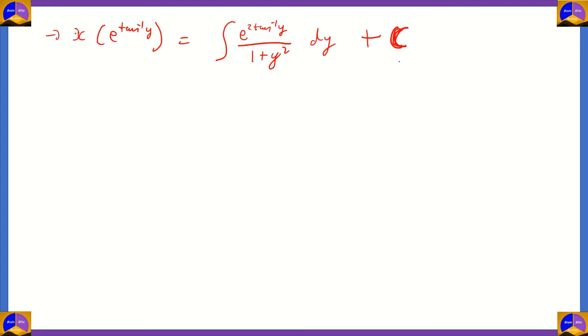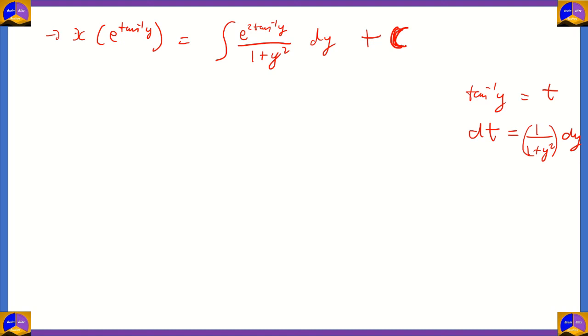Over here we will take tan inverse y as a variable, say t. Therefore the derivative dt will be equal to 1 by 1 plus y square times dy. This is basically integral calculus, which you studied in grade 12.